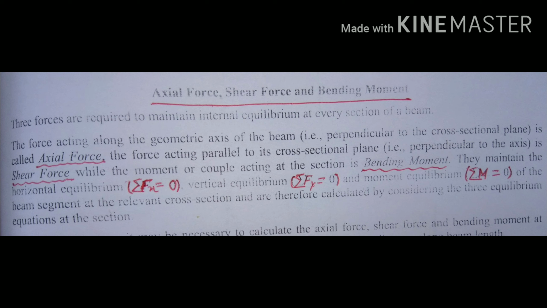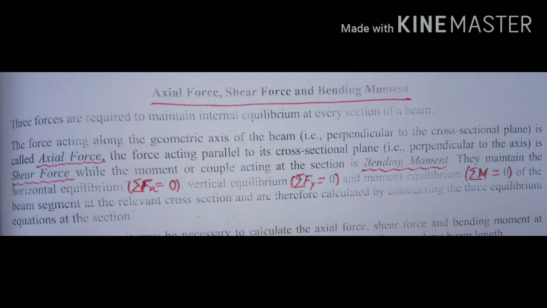each other. Okay, so as in this slide we can see that the force acting along the geometric axis of the beam is called axial force. The force acting parallel to its cross-sectional plane is called shear force, while the moment or couple acting at this section is bending moment.